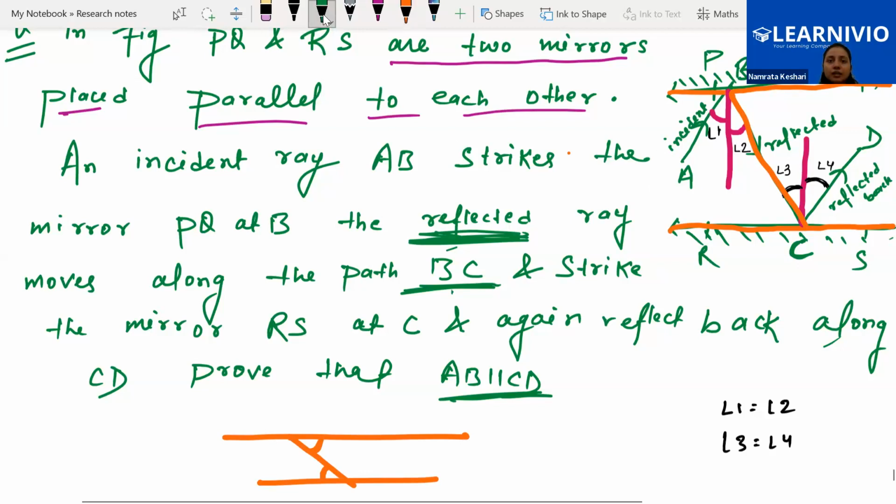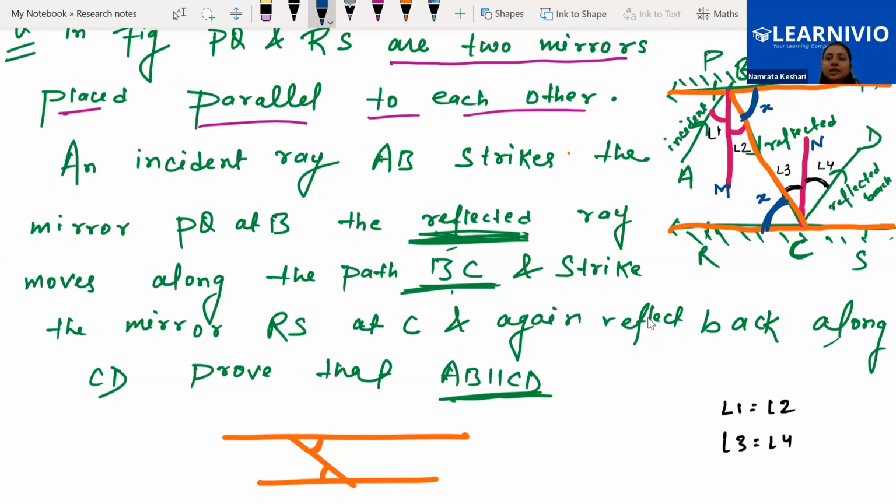We are getting a pair of alternate interior angles, but which two? It looks like this one and this one are a pair of alternate interior angles. Yes, ma'am. And since we have drawn a perpendicular line, let's say this is M and this is N. Since BM is 90 degrees and CN is 90 degrees, angle 2 plus X is 90 degrees, and angle 3 plus the same X is 90 degrees.